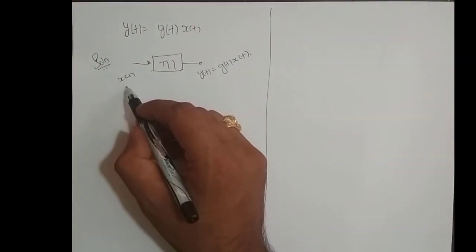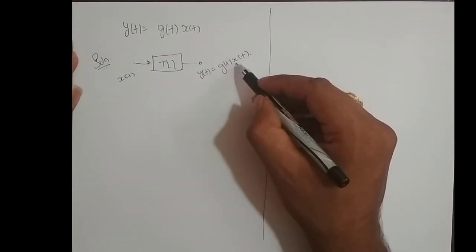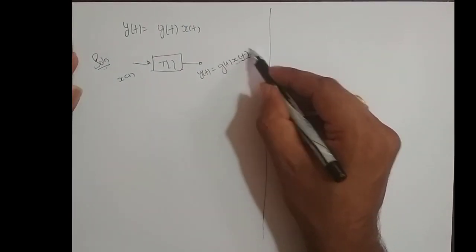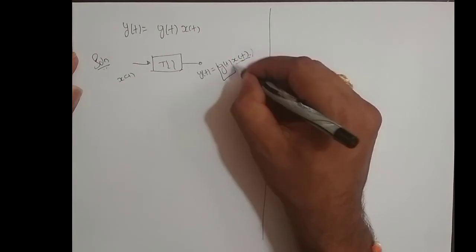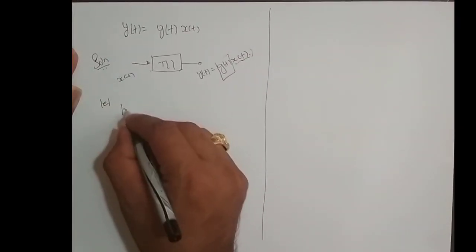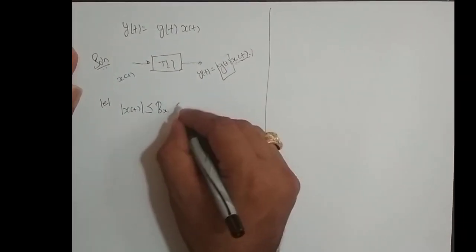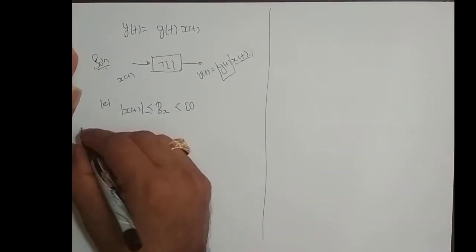So what's happening to the system? If I feed a bounded input where its amplitude is finite, what is the output? Whatever the input I feed, for that a signal g of t is getting multiplied. Okay, so let magnitude of x of t is less than or equal to bx, which is less than infinity.